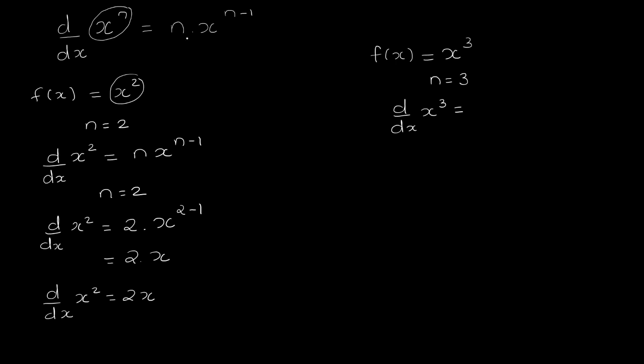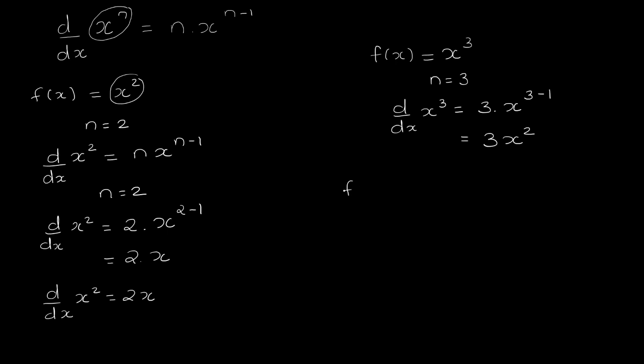In place of n, I have 3, so x raised to 3 minus 1. So it is 3x square. This is the formula for d by dx of x cube.